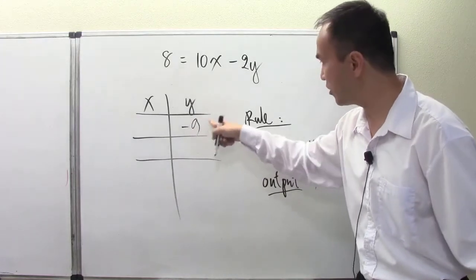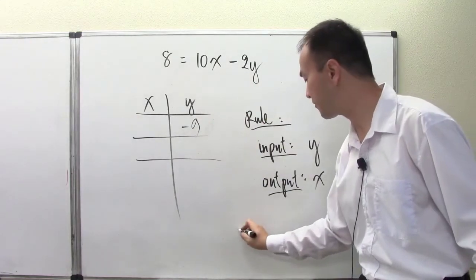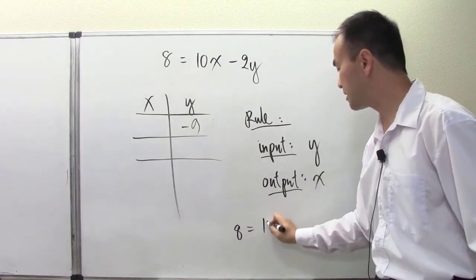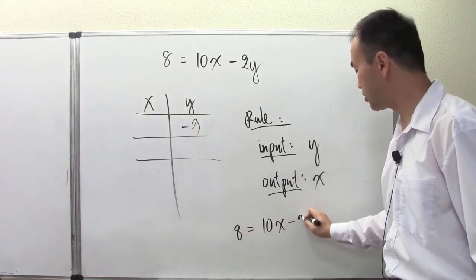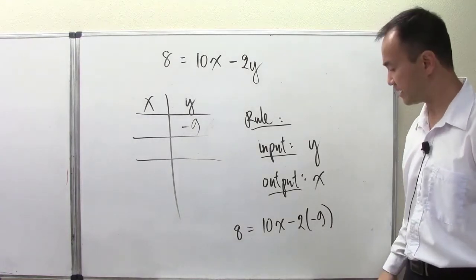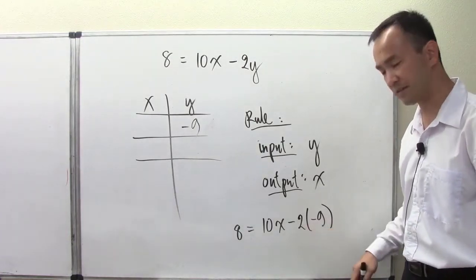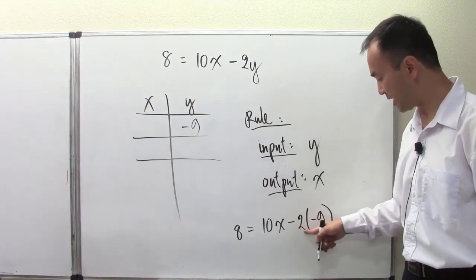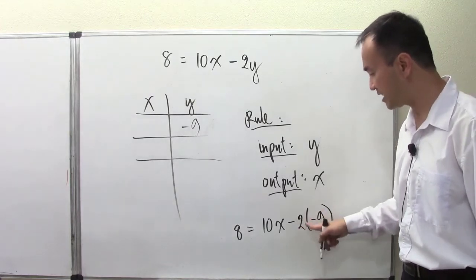We take this value, we substitute it into the equation. So we have 8 equals 10 times x minus 2 times -9. But minus 2 times -9, that's a positive 18.